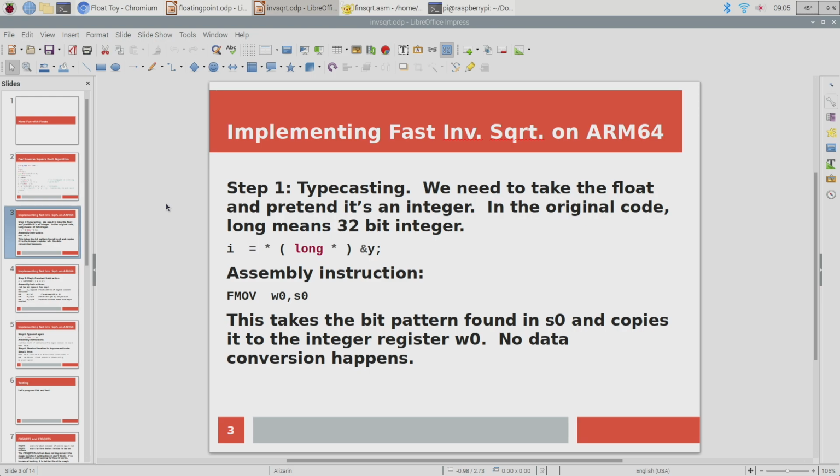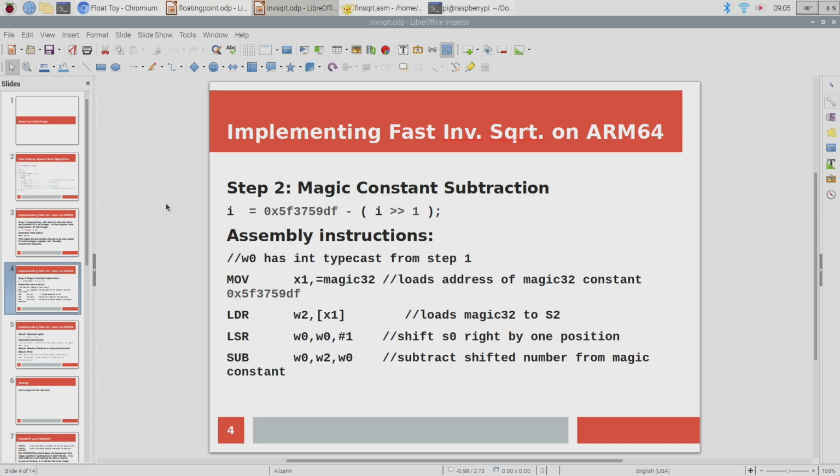Then we need to do that. Okay, so how am I going to do that subtraction? Well, I need to separate this out into 3 or 4 pieces. The first thing I need to do is take that thing and shift it right by one position, right?